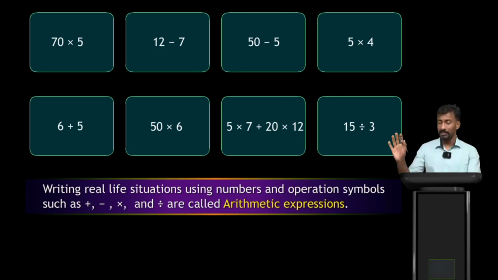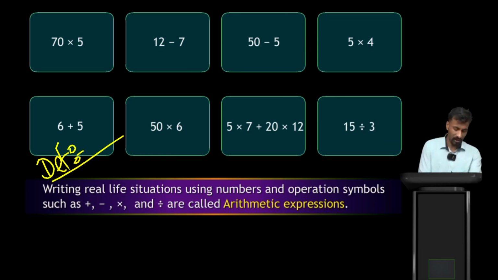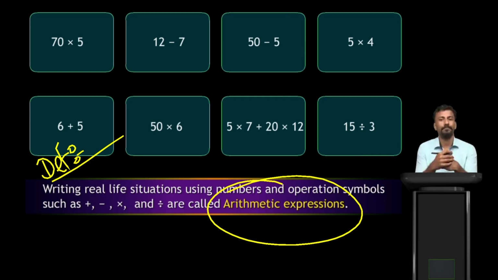So now look, there is a definition. So the definition is what? Writing real life situations using the numbers and operation symbols of mathematics. The simple operations used in mathematical science such as plus, minus, multiply and divide are called arithmetic expressions.